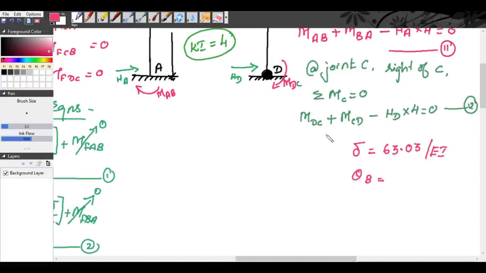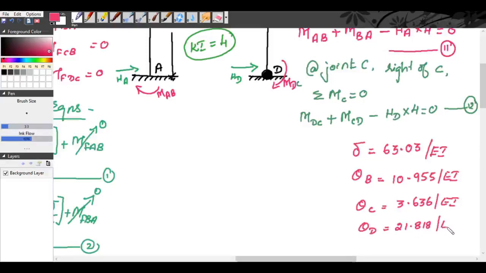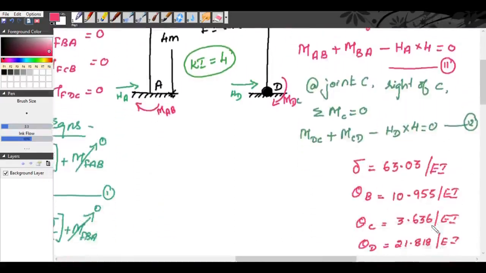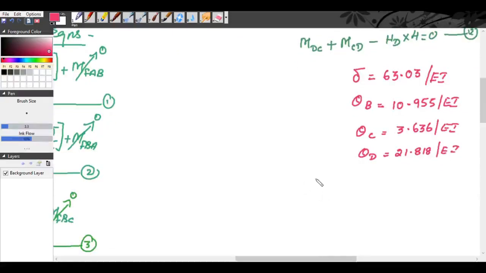Theta B will be equal to 10.955 by EI. Theta C is equal to 3.636 by EI. Theta D is equal to 21.818 by EI. And our final moments, that is our step 5, okay, our final moments.